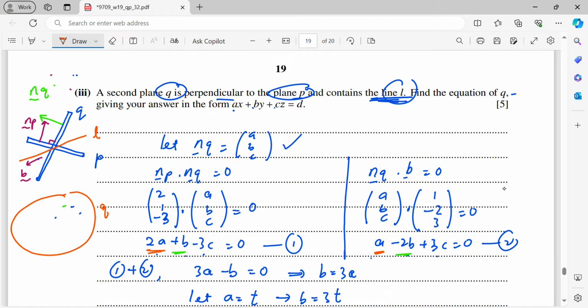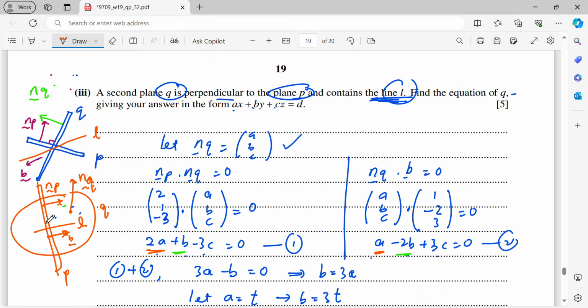From here, this is a line L. Line L has B, and then this is the plane P, so it itself has the NQ. So from here, the NQ is perpendicular to B, right? And also perpendicular to NP.